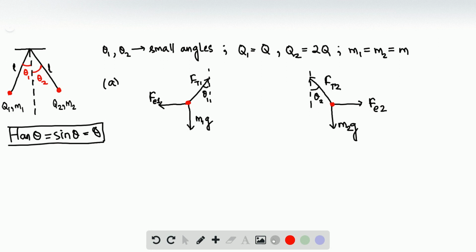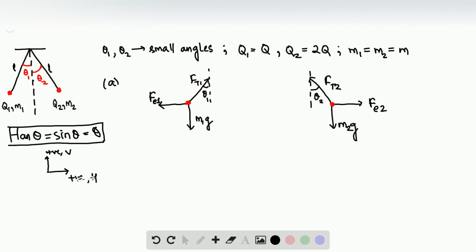Now, since the spheres are in equilibrium, we can say that the net force in each direction is 0. Let's take the right to be the positive horizontal direction and up to be the positive vertical.